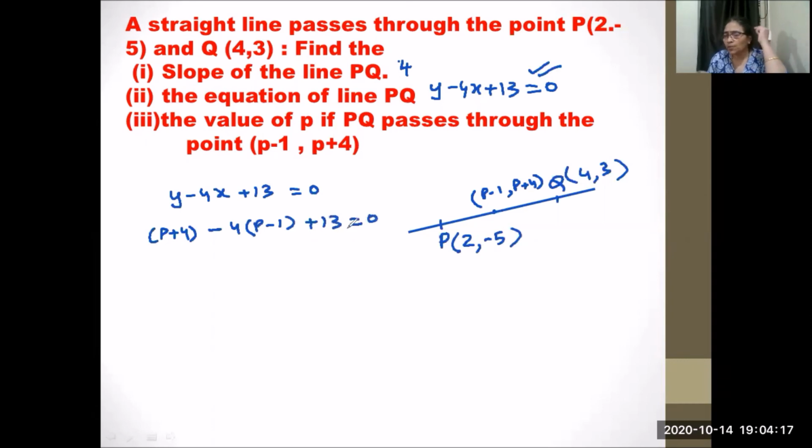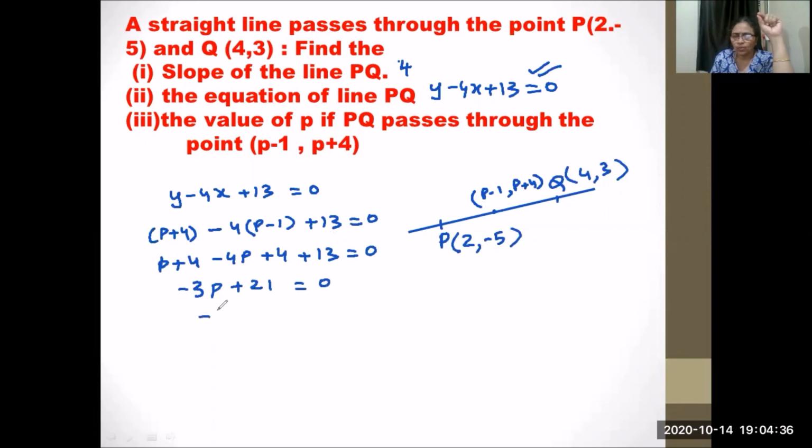So this concept you need to keep in mind. Now p plus 4 minus 4p plus 4 plus 13 is equal to 0. Now minus 3p plus 21 is equal to 0. So minus 3p is equal to minus 21.